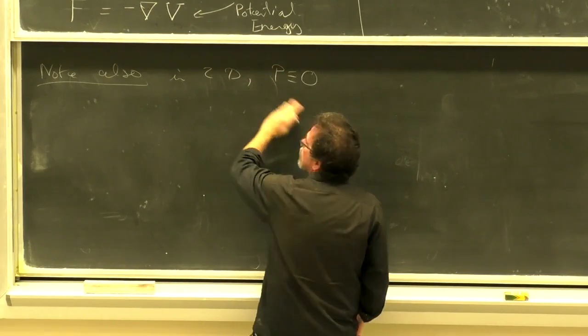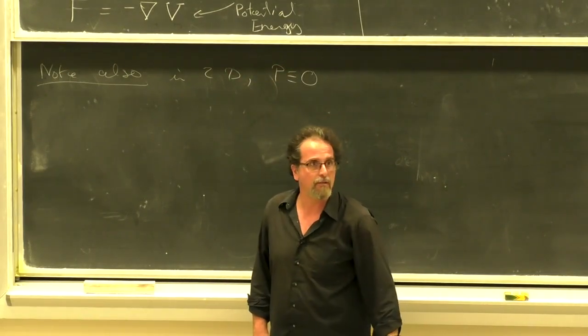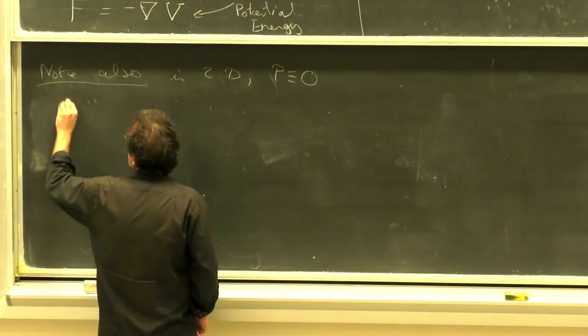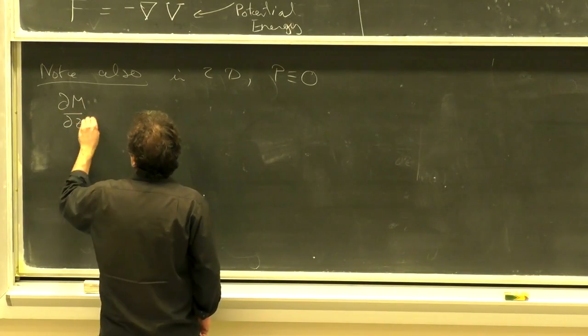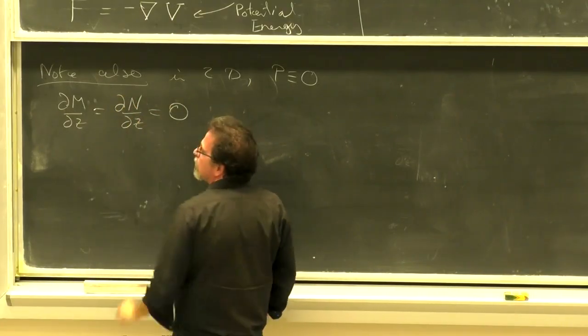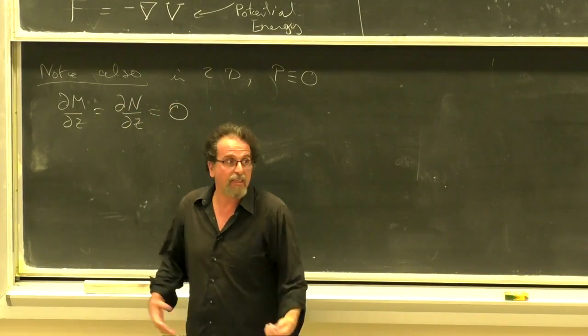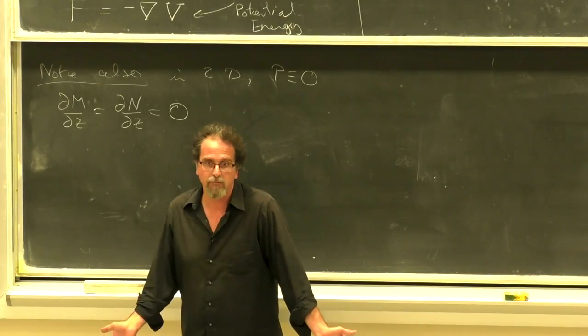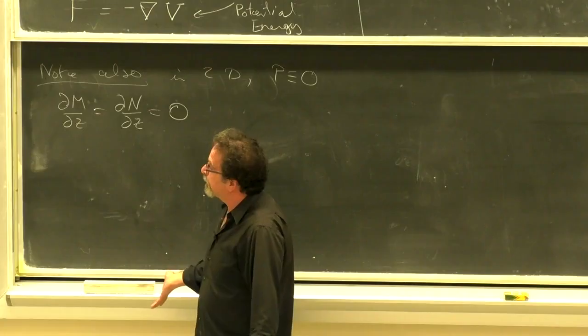That means it's 0 everywhere. And dm dz is equal to dn dz is equal to 0. In 2D, nothing depends on z, and the z component of the vector field is 0. That's all it's saying.